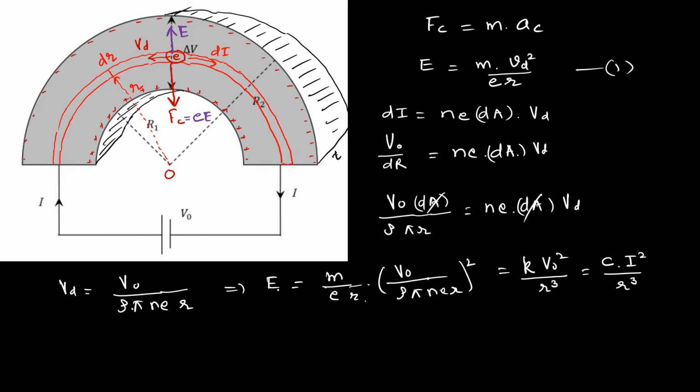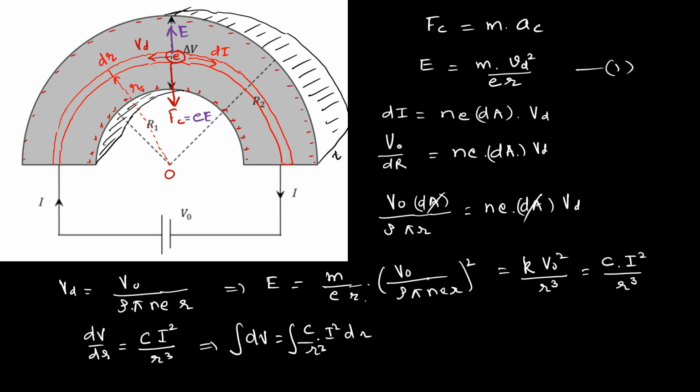And the magnitude of this electric field would be dV by dr, and dV by dr is equal to c I squared divided by r cube. So dV is equal to c by r cube I squared dr, integrated with suitable limits.